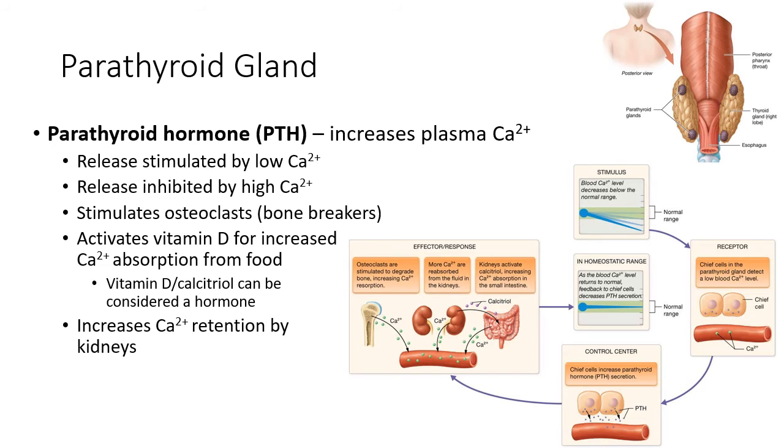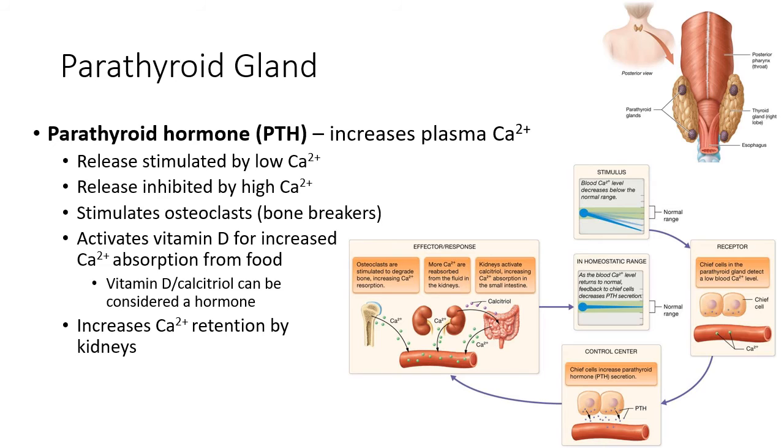Its release is controlled by the concentration of calcium in the blood that is sensed directly by cells in the parathyroid gland. So anytime calcium levels are dropping in the blood, the parathyroid cells can sense that and they will respond by releasing parathyroid hormone. If calcium levels rise in the blood, then they will stop making the parathyroid hormone.